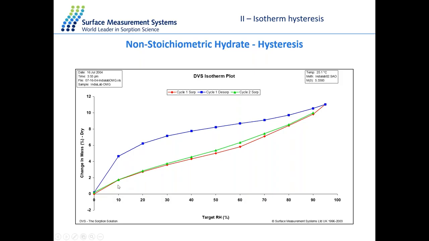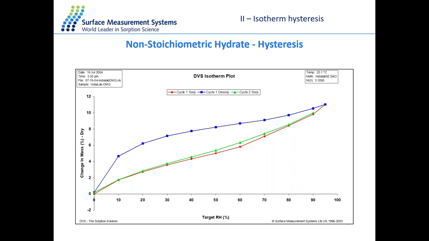As soon as I put some water into it, the sample starts picking up mass, and it's a constant absorption, and then a constant desorption. So that tells me that I cannot identify a jump, and I cannot identify a specific amount of molecules that would form the hydrate in this specific case.